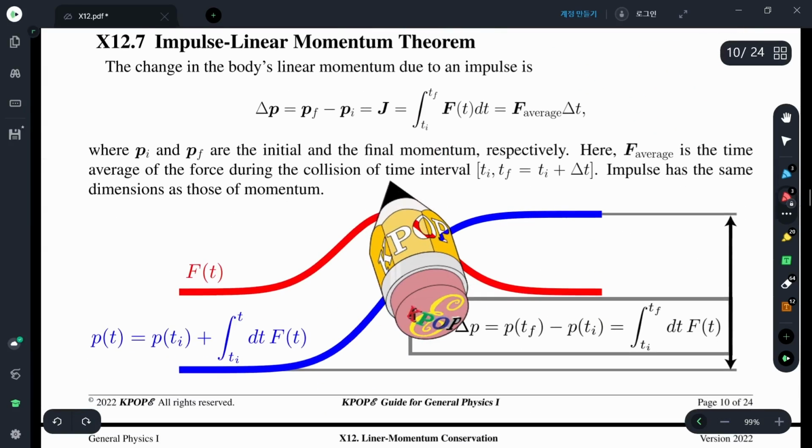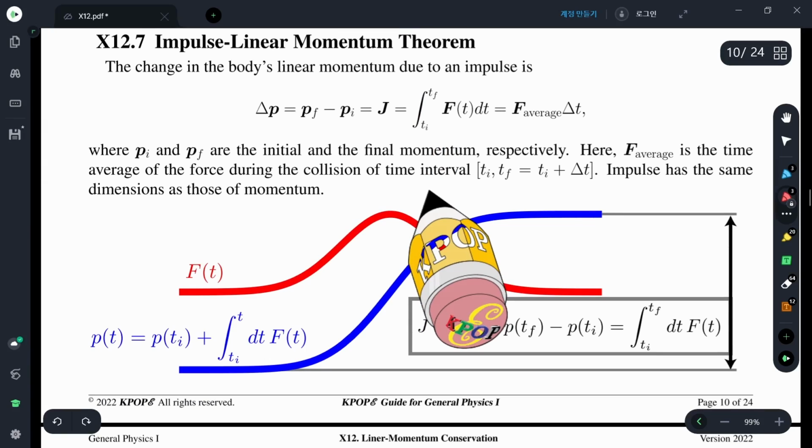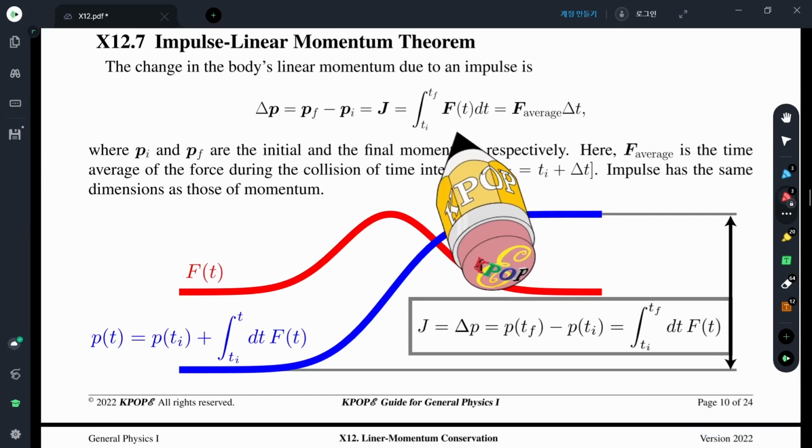Next, we consider the impulse linear momentum theorem. In any case, this one is valid, but mostly we consider the case when the interaction happens during a very short time. So the effective delta t is relatively short and the force is relatively large.